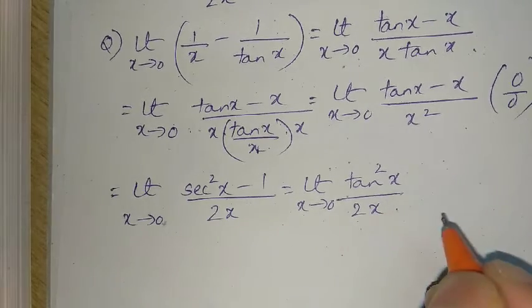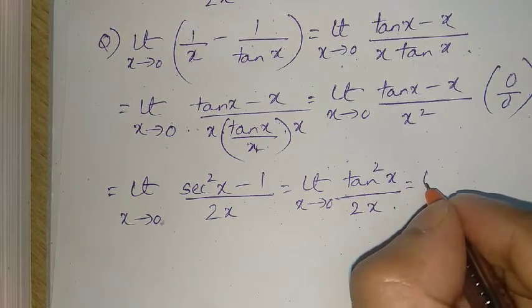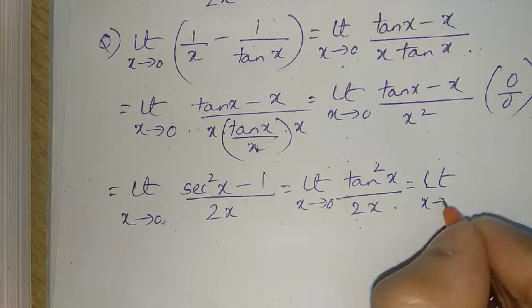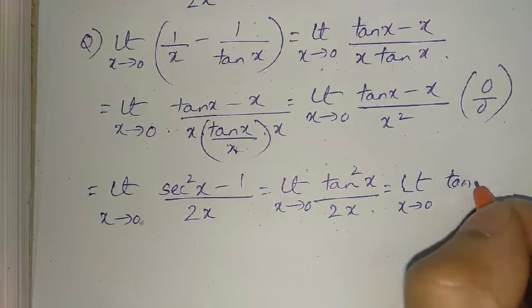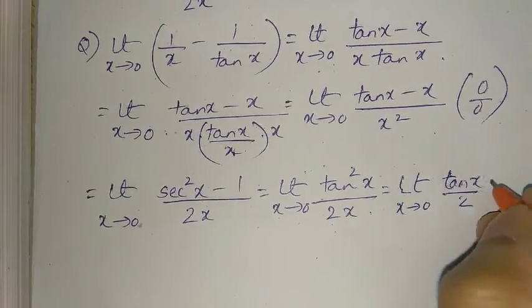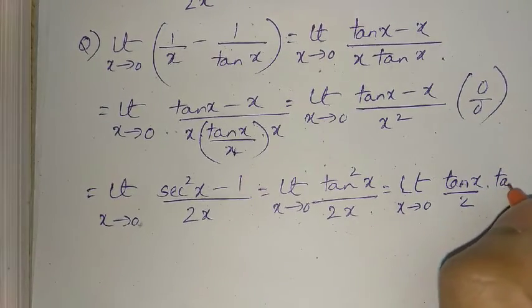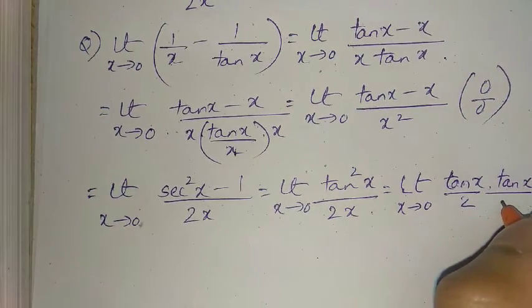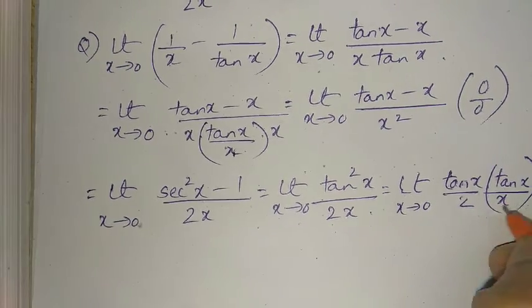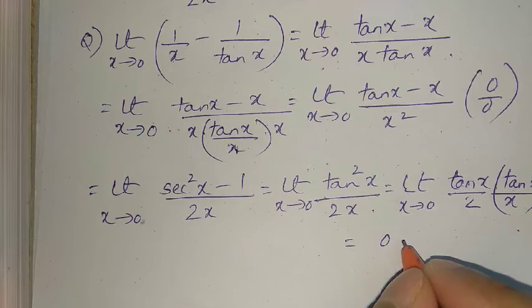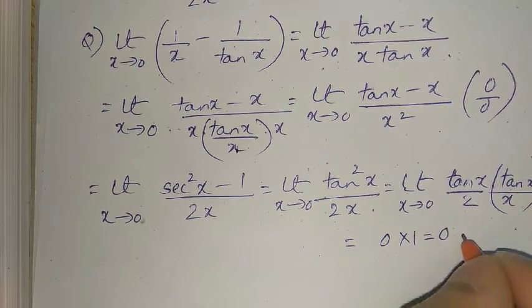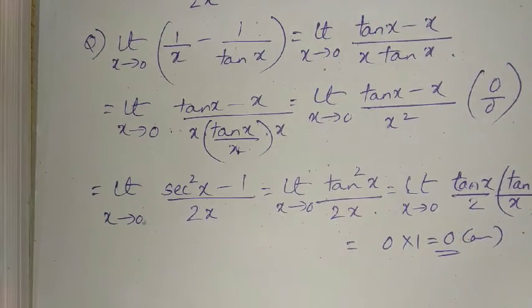So here what we can do is limit x tends to 0, tan x by 2 into tan x by x. This one is equal to 1. So what we will get is 0 into 1, which is equal to 0. Okay, so this is your answer.